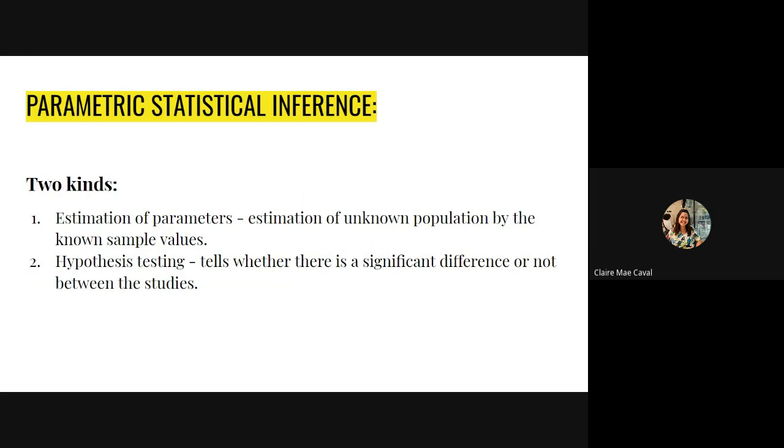So it may sound alike. What is the difference? Because estimation of parameters and hypothesis testing might be similar in many aspects, but please know that estimation of parameters is different from hypothesis testing.